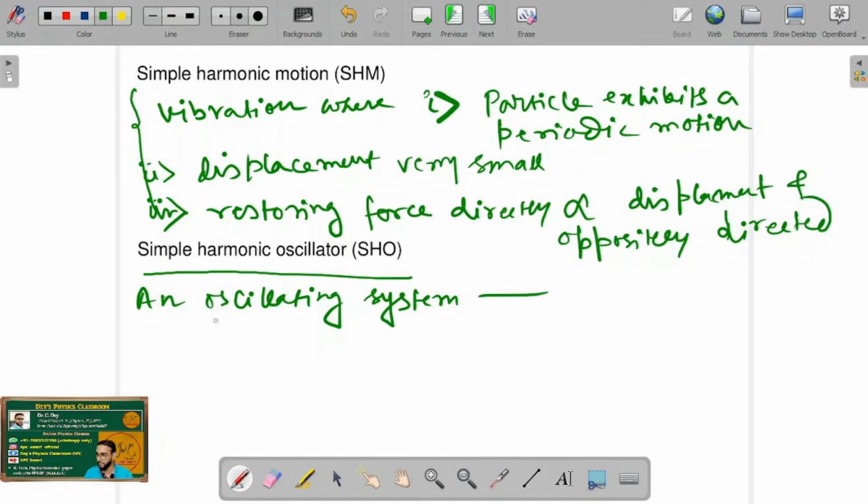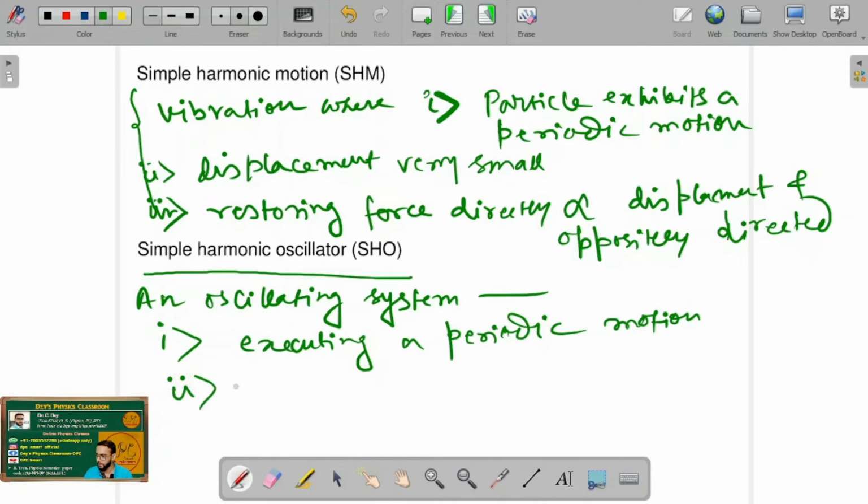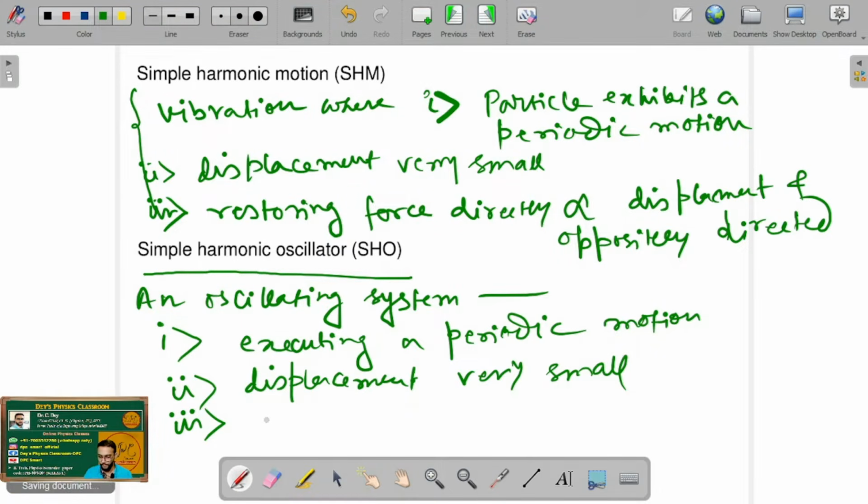That means an oscillating system obeying these three conditions: first, executing a periodic motion; secondly, displacement is very small; and thirdly, the restoring force of this particle or oscillating system is directly proportional to and oppositely directed to the displacement.